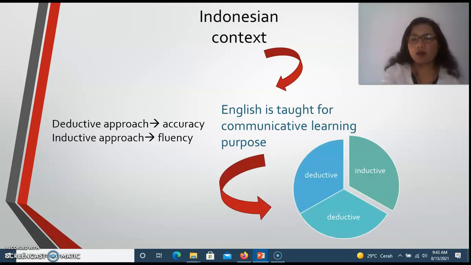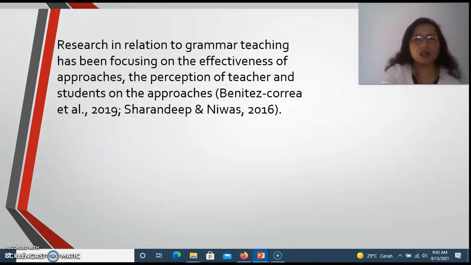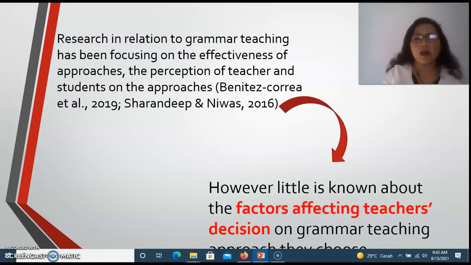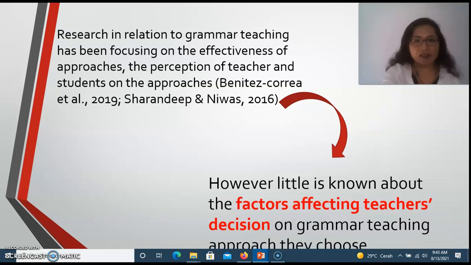Because in teaching grammar, Indonesian English teachers dominantly prefer the deductive approach over the inductive. Research regarding these grammar teaching approaches has been focusing on effectiveness and perceptions. Little is known about what factors affect teachers' decisions. That's why the study would like to unravel this.